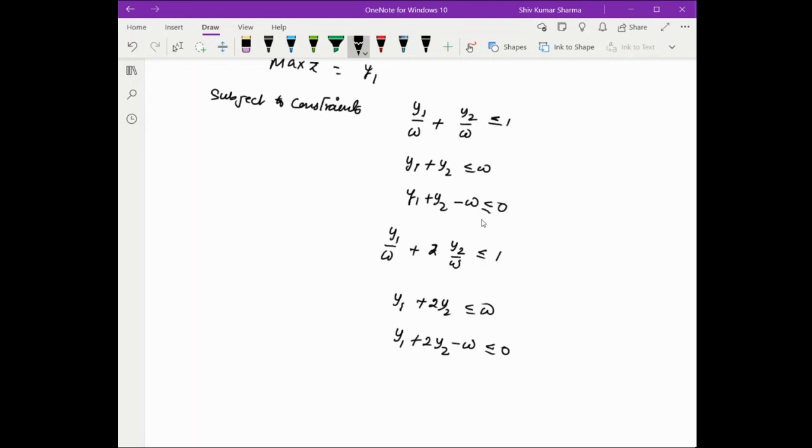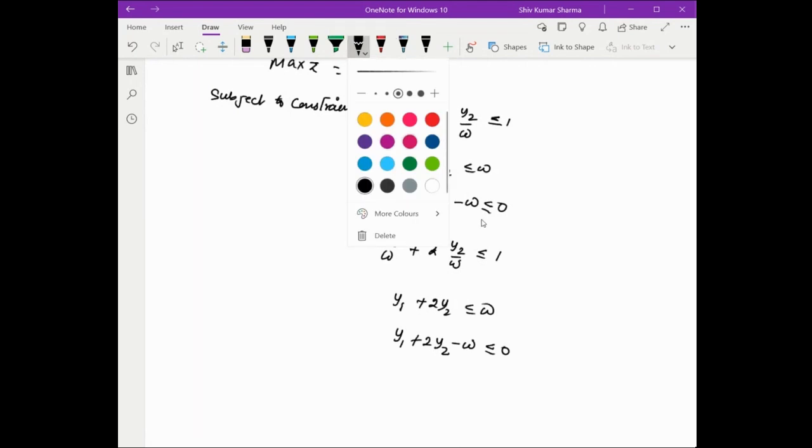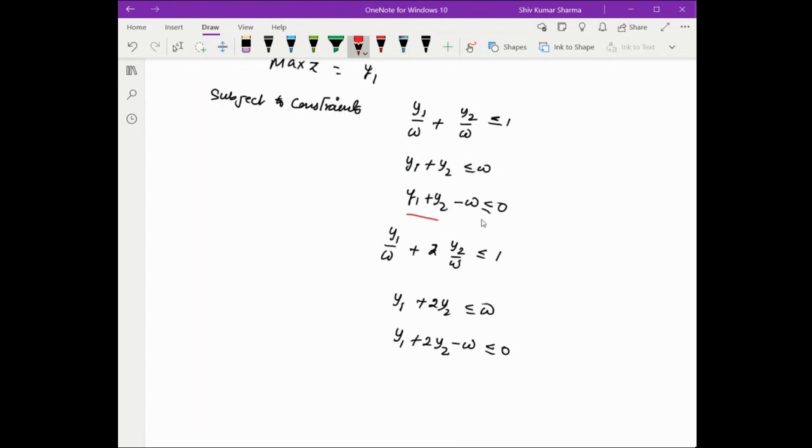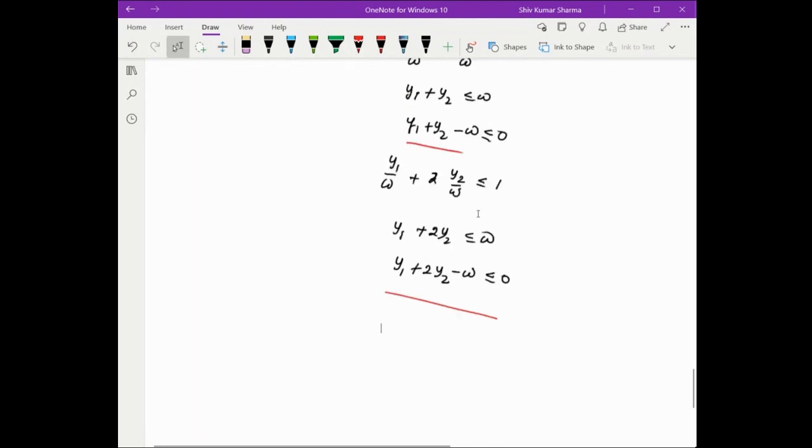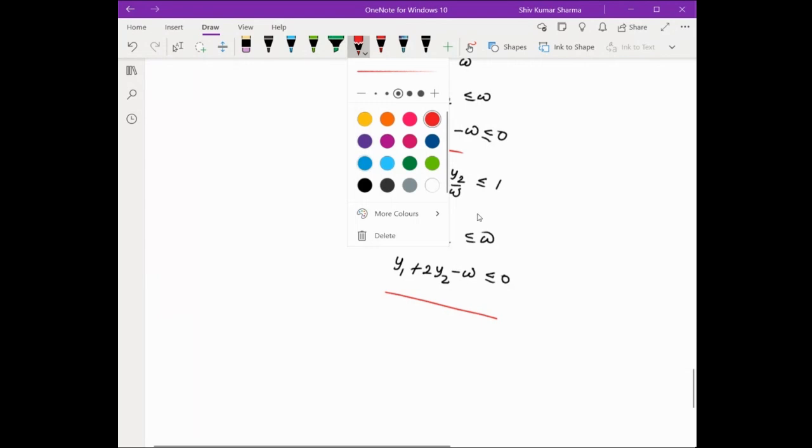And what is the third constraint? We make the third constraint the denominator part. So this is the first constraint, this is the second constraint, and we make the third constraint the denominator. What is the denominator?